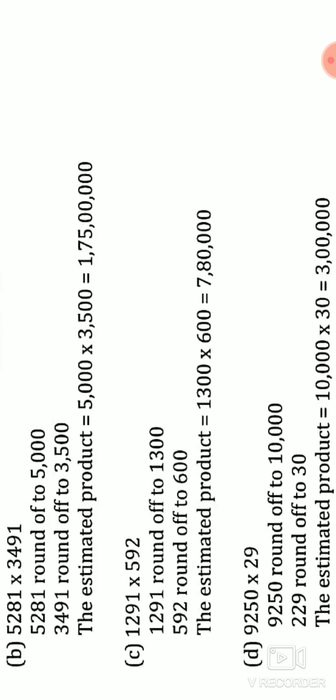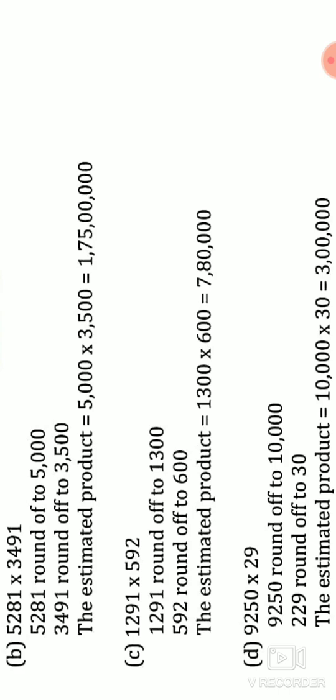So 9,250 rounded off to its nearest hundreds value is 10,000. Therefore 9,250 rounds off to 10,000. Similarly, round off 29 to its nearest tens value. That is 29 rounds off to 30.